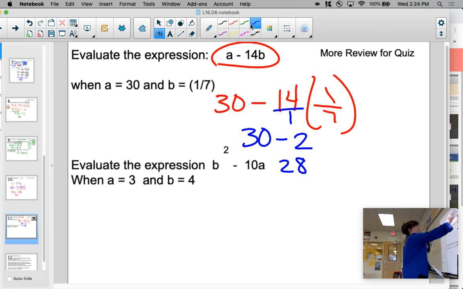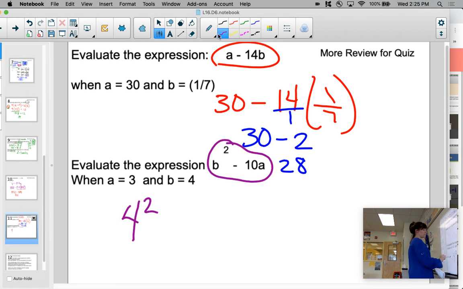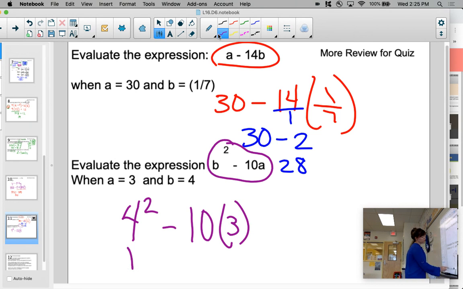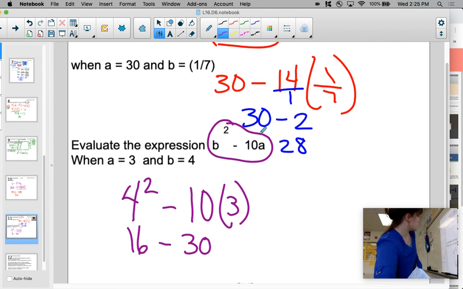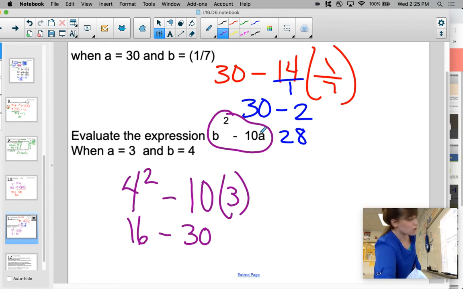So now we have a different expression here with b squared minus 10a. And sometimes the variables are kind of switched around. So that's what I wanted you to make sure you're careful about. 4 squared is going to be subtracted from the product of 10 and 3. So what I wanted you to notice here is that when you actually multiply, you are going to get a negative situation, because it's like those strawberries all over again.